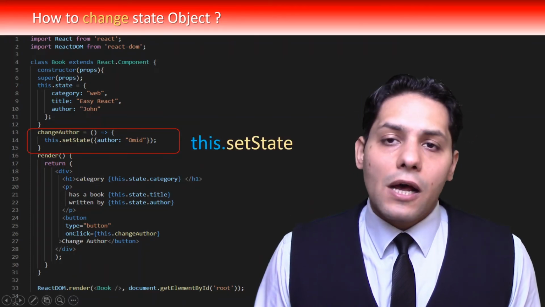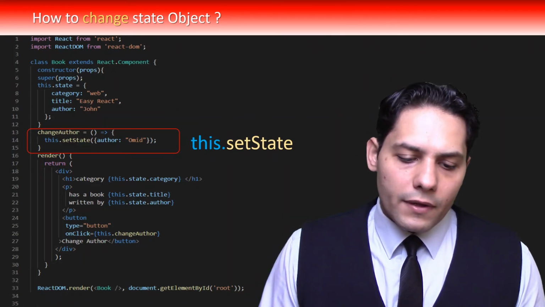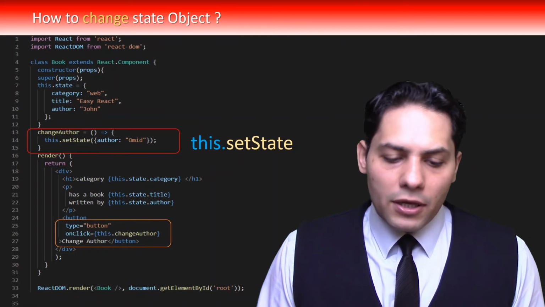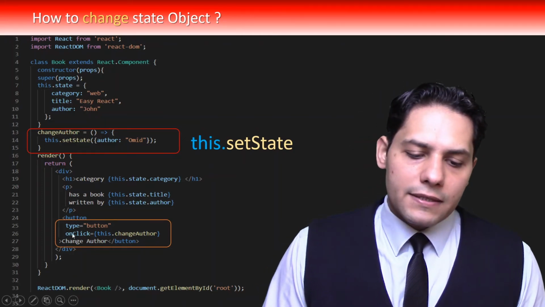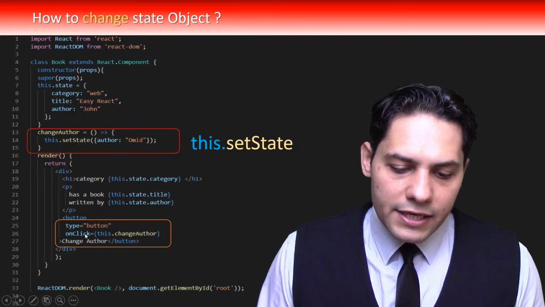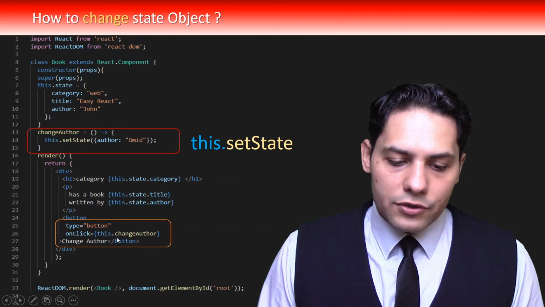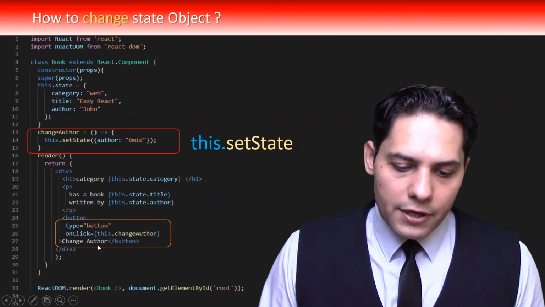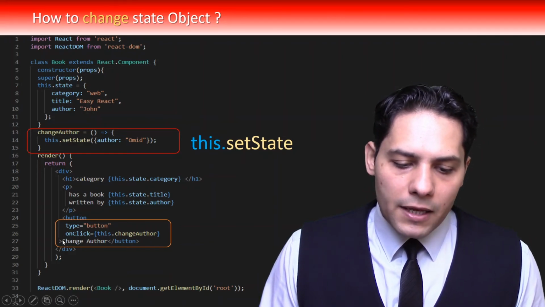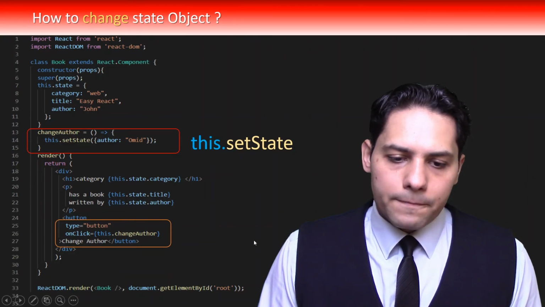We use this.setState, and there we defined a button that by an event like onClick calls the changeAuthor function in this way. Okay, and this is the label of our button, Change author.